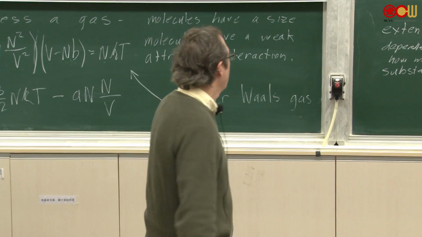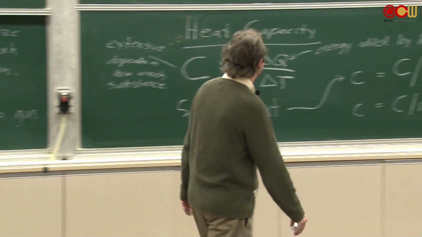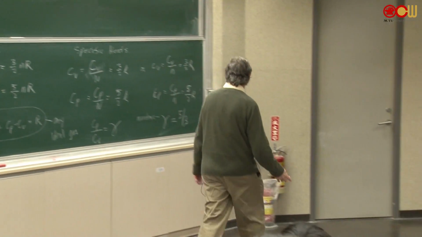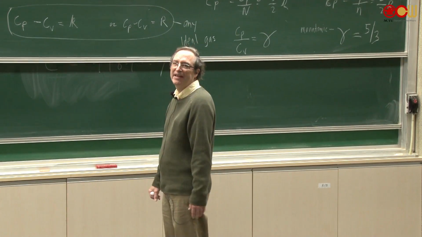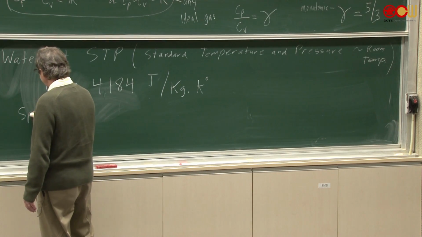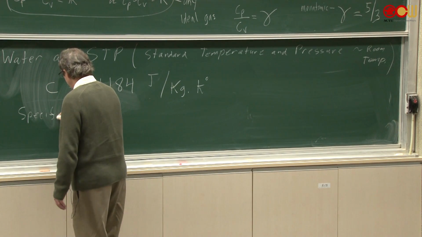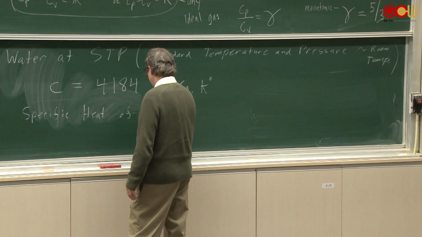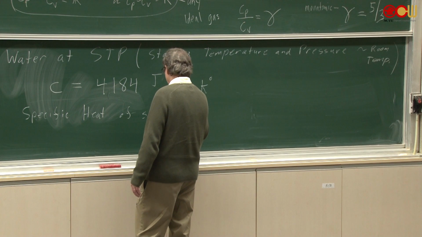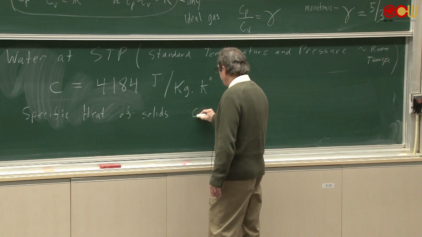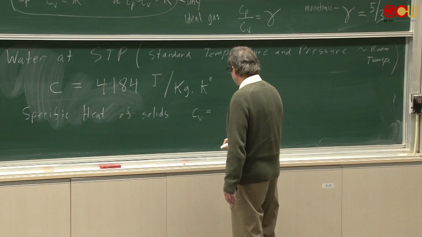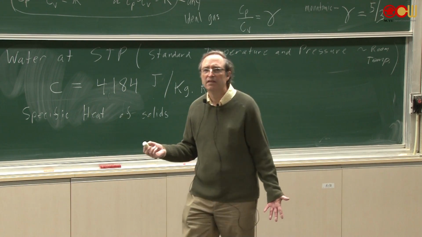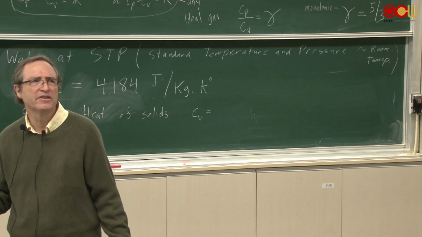Okay? All right, now before we leave the heat capacity, I just want to talk about the heat capacity of solids. And I'll talk about specific heat. So the specific heat of solids. All right, CV turns out to be, and it's CV that's only relevant because the volume of solids is pretty much always fixed.